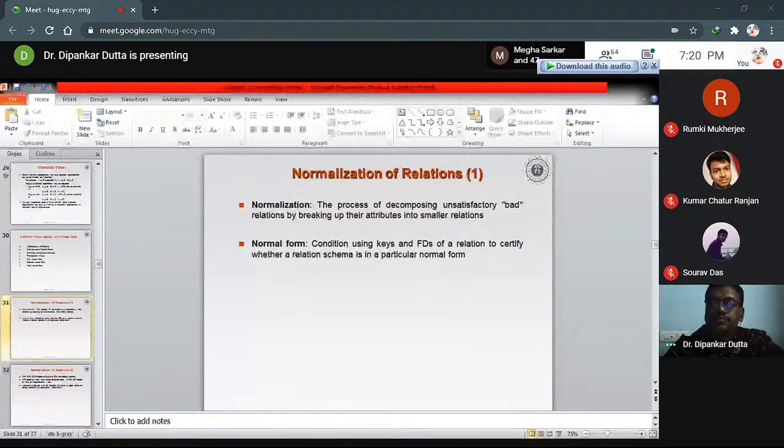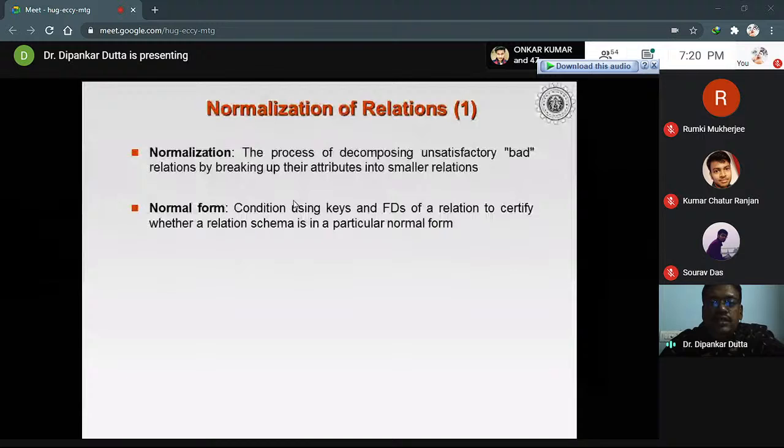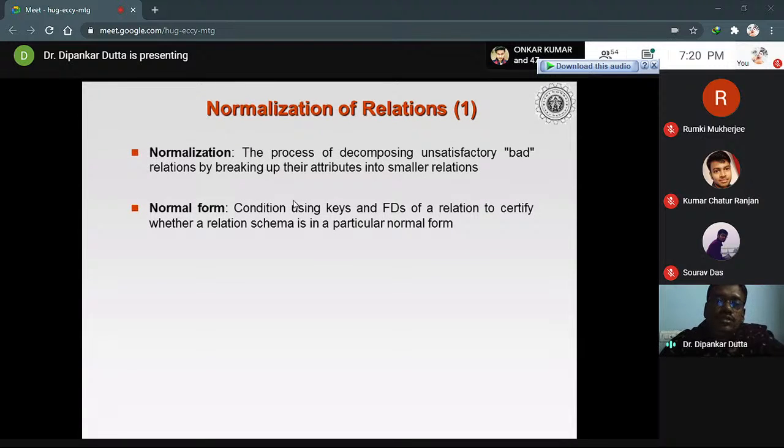When we divide a big table into smaller tables in terms of attributes, that process is known as normalization.